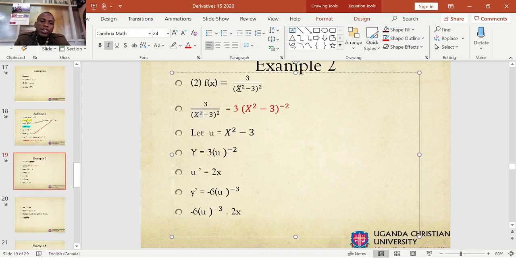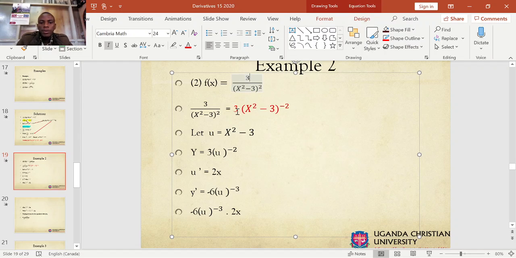You just multiply by the numerator, and you change the sign of the power of the denominator. That's how we deal with it. That's the first step. After knowing that, the other things become too easy for you. This is a simplified form of that.